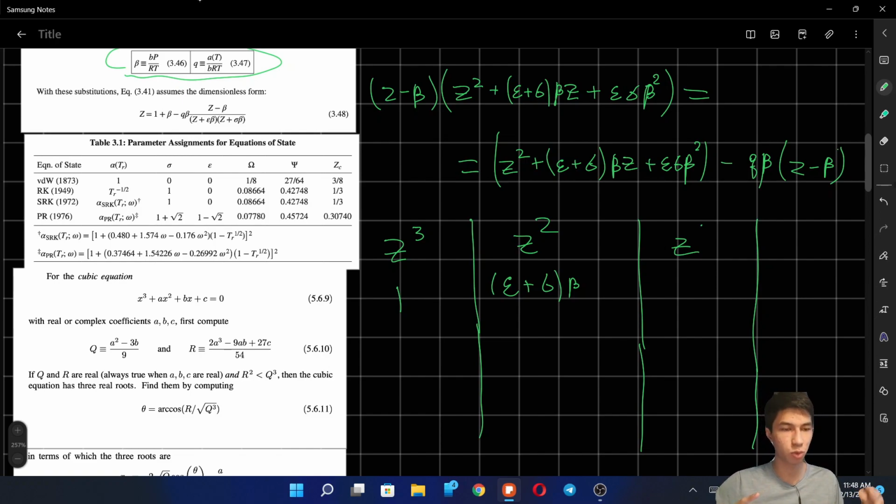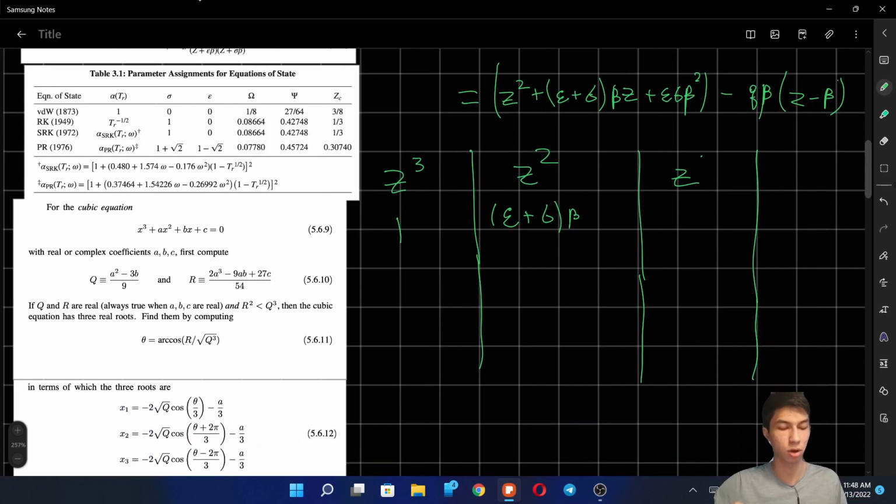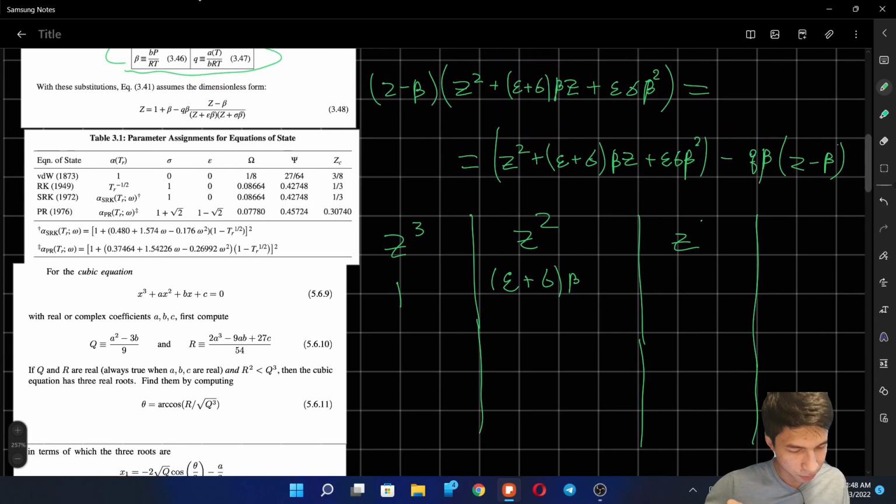It's going to be z squared, so this is going to be our coefficient, right? And for that term, in terms of z, it's going to be epsilon sigma beta squared, right?